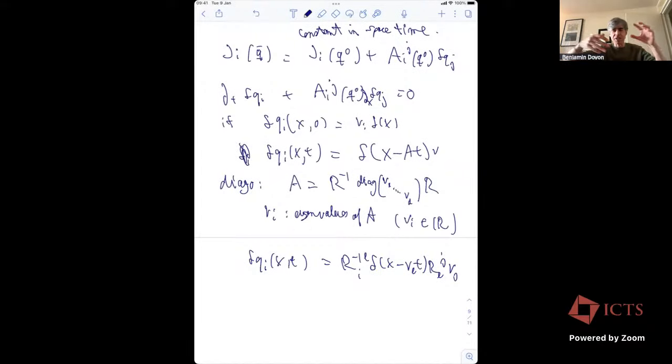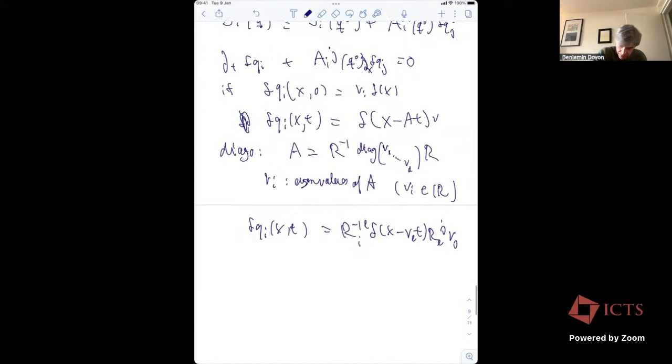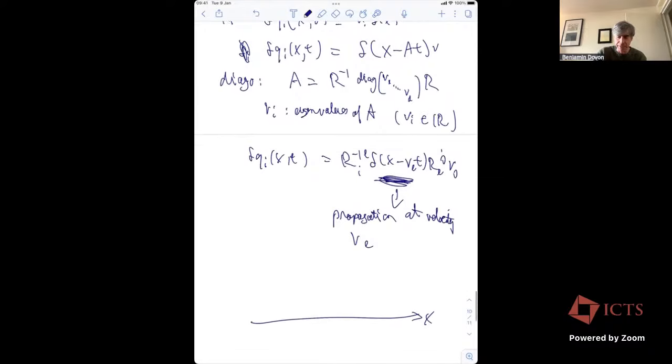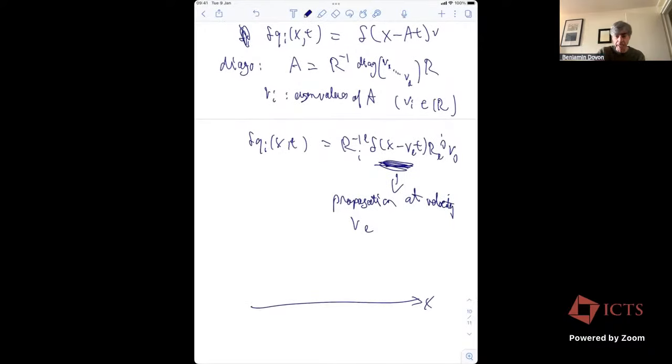So what we see here is propagation at velocity VL. We make a disturbance somewhere in space. At time 0, my disturbance was at position 0, a little disturbance there.